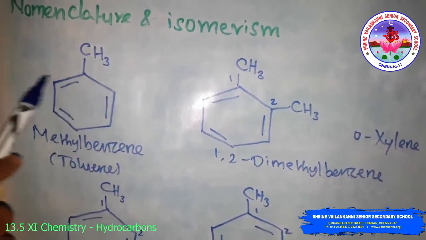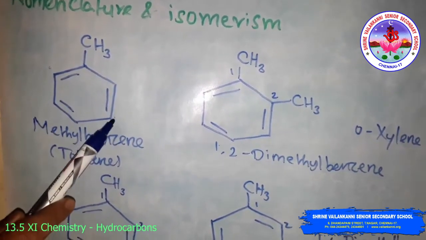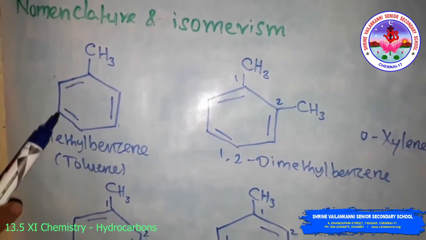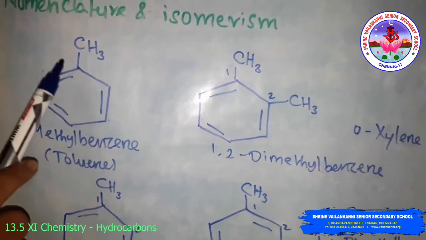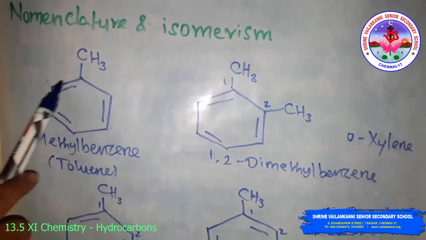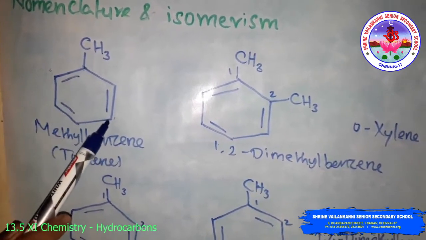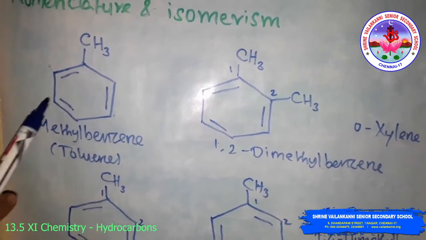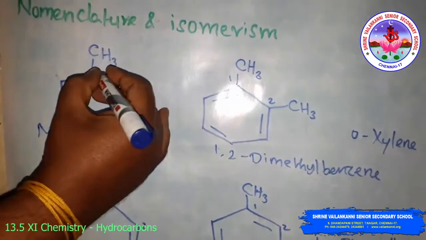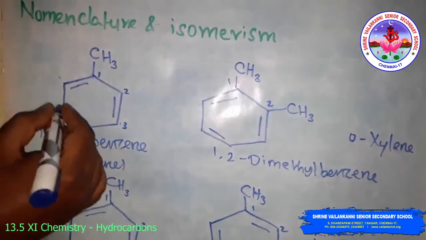The next adjacent position is the meta position, and the opposite side is called the para position. Simply, we can write it like this: 1 2 3 4 5 6.